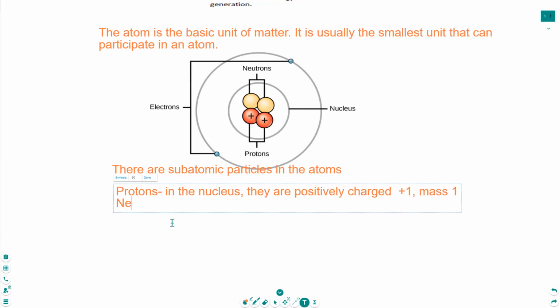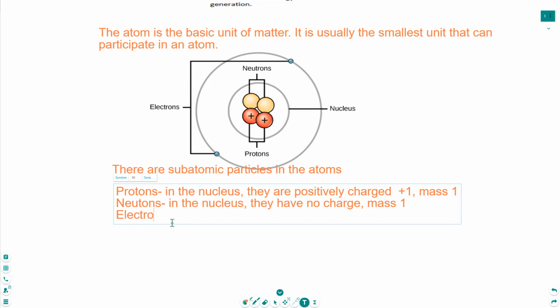Then we also have our neutrons. Neutrons are also located in the nucleus, so they are found there with the protons. Now they have no charge, so they are neutral. But they do have a mass of 1.